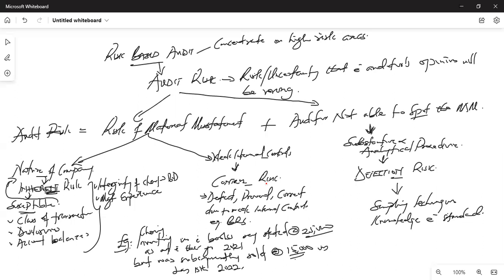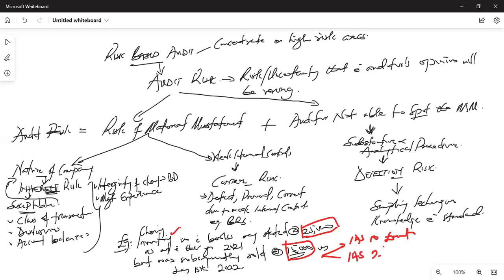If you have closing inventory of 25,000 stated in your books, but subsequently it was sold for 15,000, this is a combination of IAS 10, events after the financial reporting date, and also IAS 2, since it is talking about inventory.